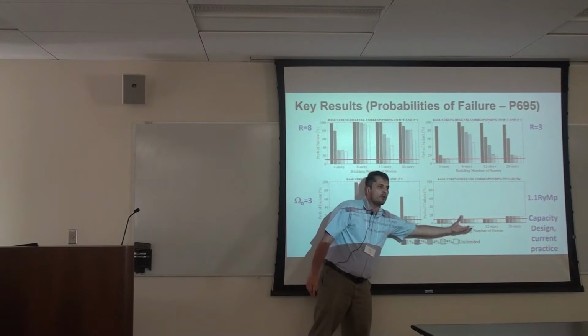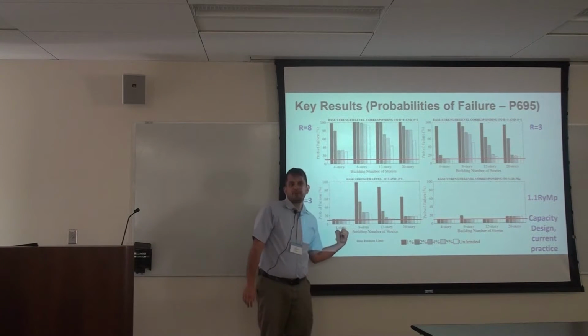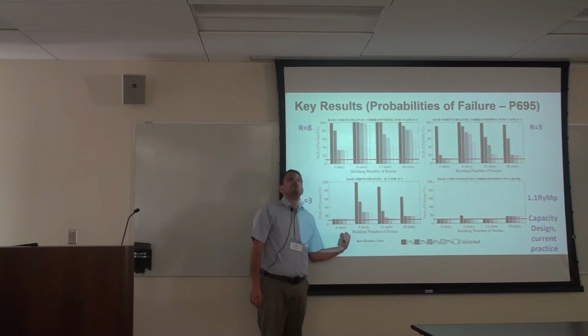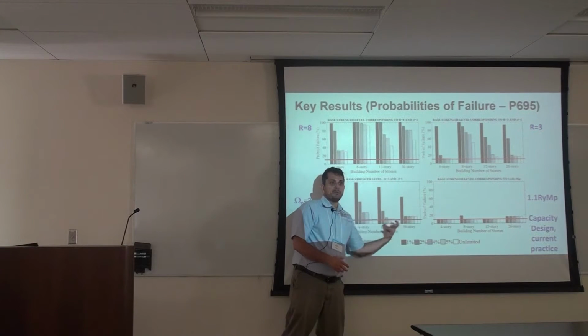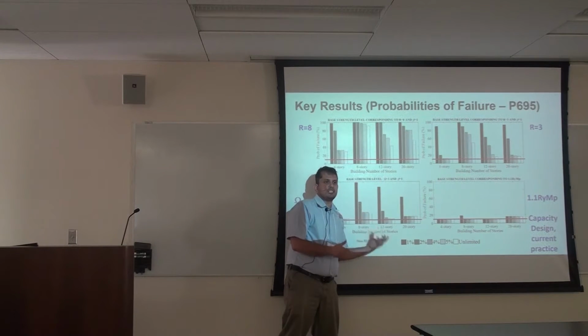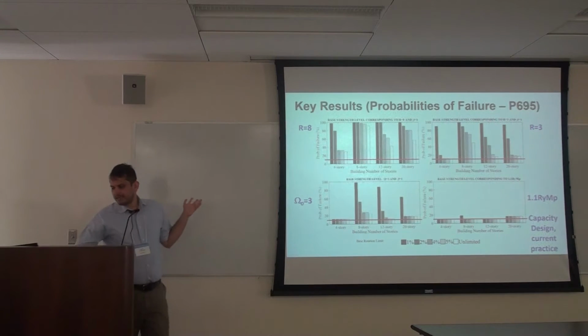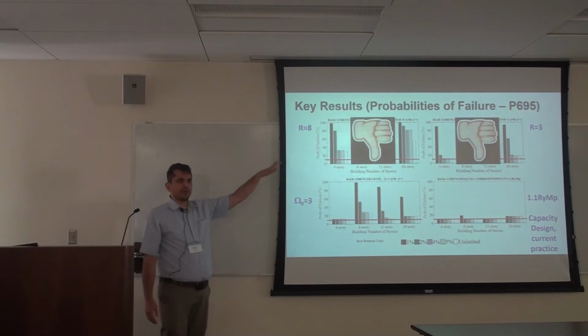Okay, so for the 1.1 RYMP, the bases get designed for a certain moment. If you're designing those bases for an omega naught equals 3, you're designing the bases for about half the moment. So there's a huge jump in the actual base moment demand, which means that the bases here are a lot cheaper and a lot easier to construct than the bases here. All right, so with that said, you can tell right away that those two are non-starters.